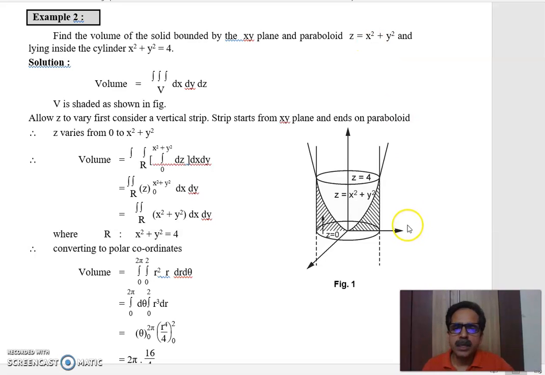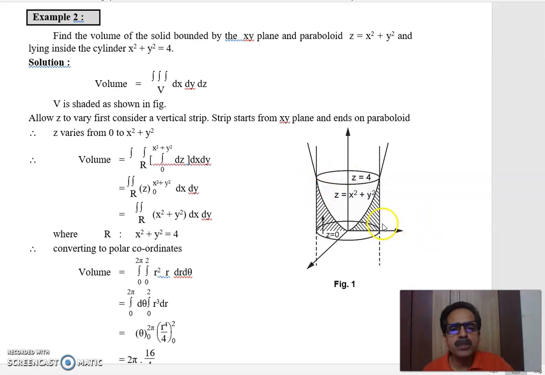Now we consider a unit column parallel to the z-axis in the volume. When you consider the unit column here, its bottom end is lying on the plane z is 0 and top end is on the paraboloid.